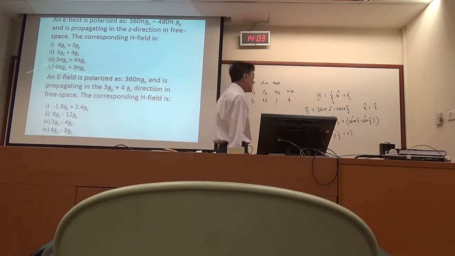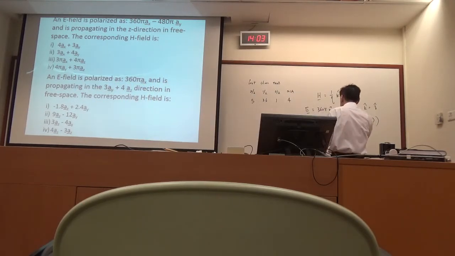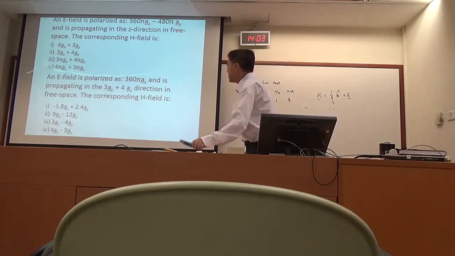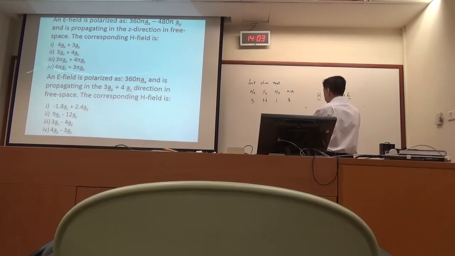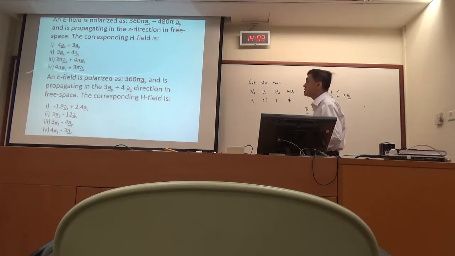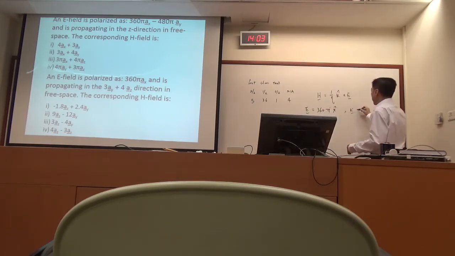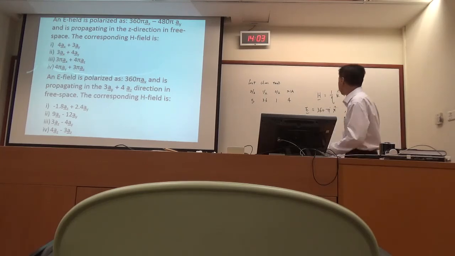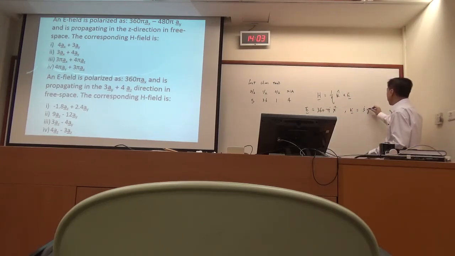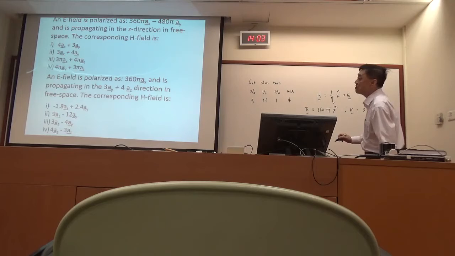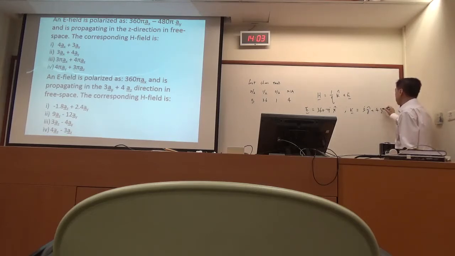Okay, so for the second question, E has only one component, E equal to 360 pi x. But K has two components, which is 3y plus 4z.